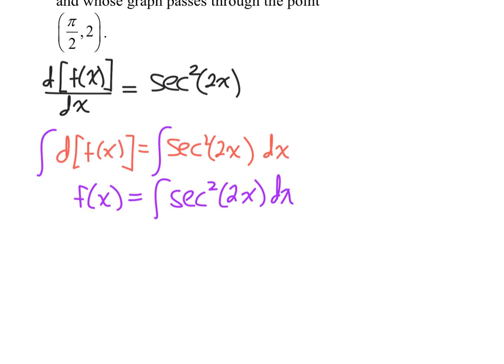A lot of times, when I think of u-sub, I think it's kind of weird. In my mind, I call it the if-only method. Like, if only this were secant squared, then I would be able to find the antiderivative of it. So, if that's the case, then the thing I would want to change would be the 2x. Sometimes it's pretty clear to see the thing that you would want to make the u, because if only this were secant squared of anything other than 2x, just an x instead of a 2x.